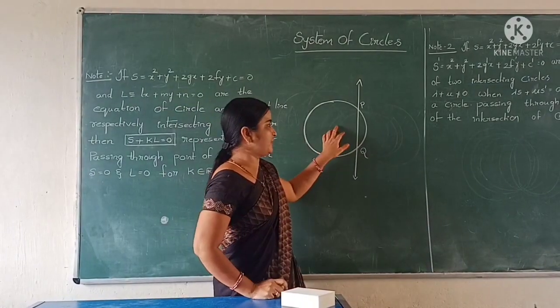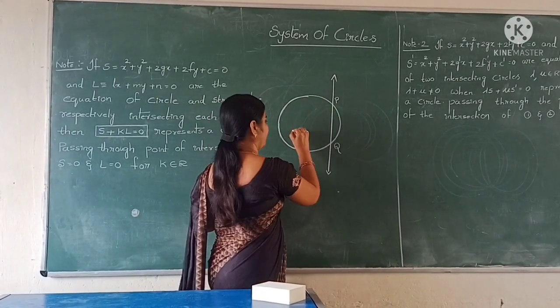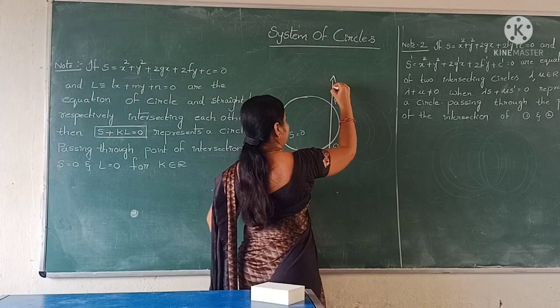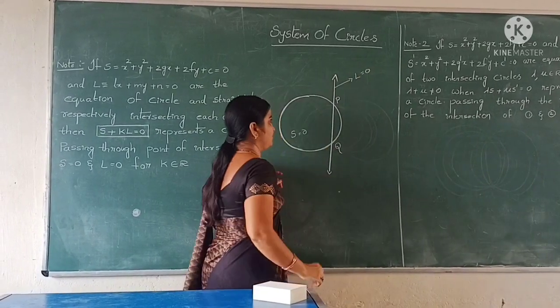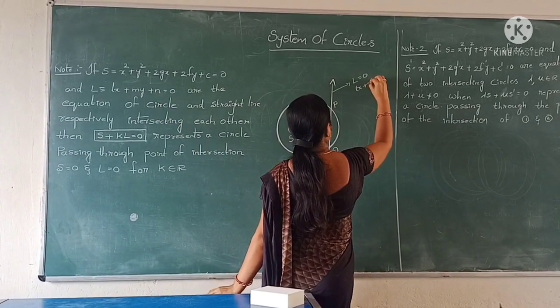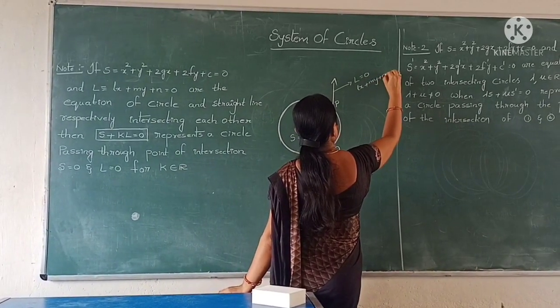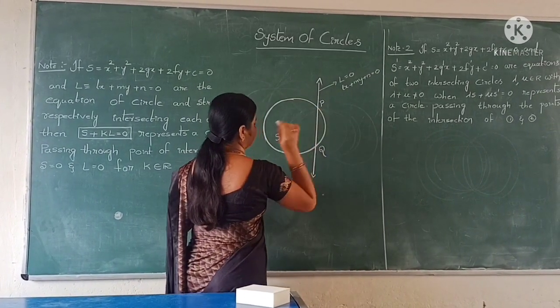So all of you observe here. This is the equation of the circle, S equals 0. This is the line, L equals 0, that is Lx plus My plus N equals 0. So these are the points of intersection.